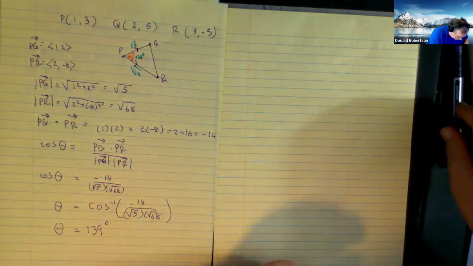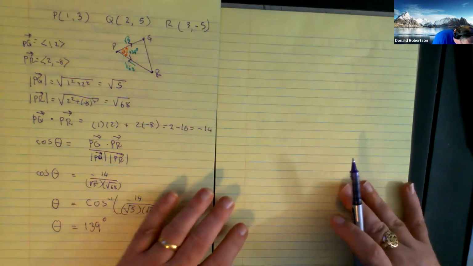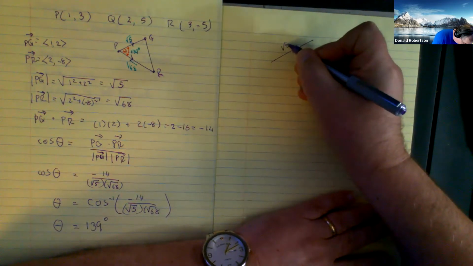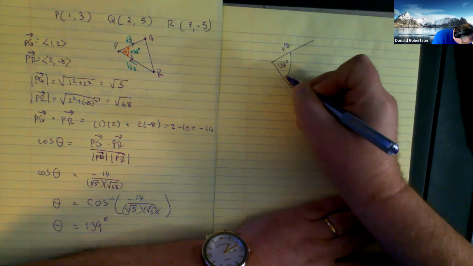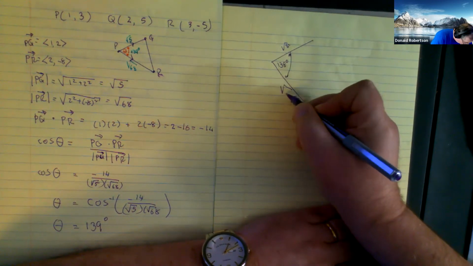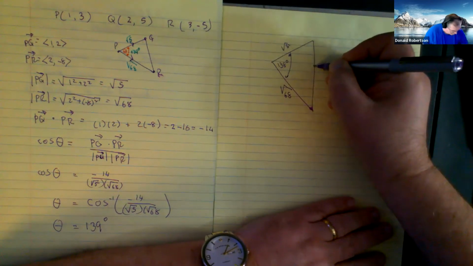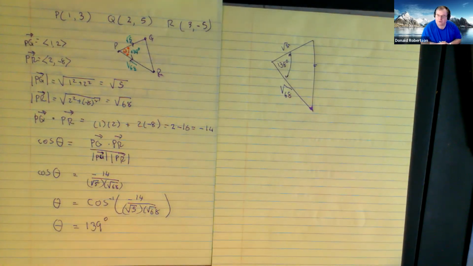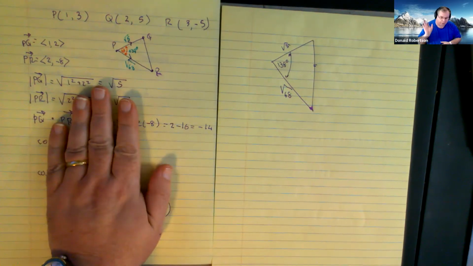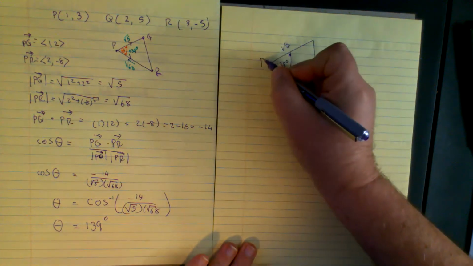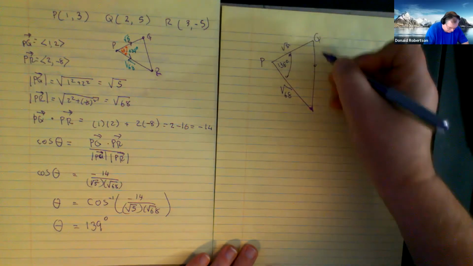But someone on Friday suggested a very reasonable thing to do: couldn't we also find this side here by using which rule? Not anything here, but what rule from way back in week 2 or 3, I can't remember when. The cosine law. The cosine law, agreed? So let's do it that way.